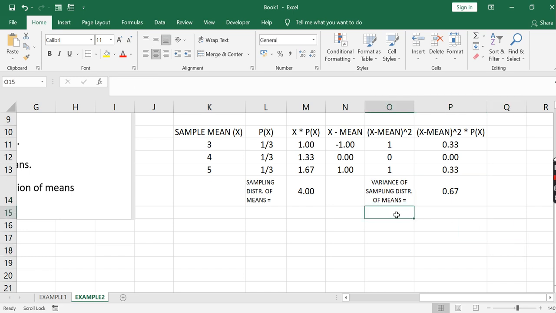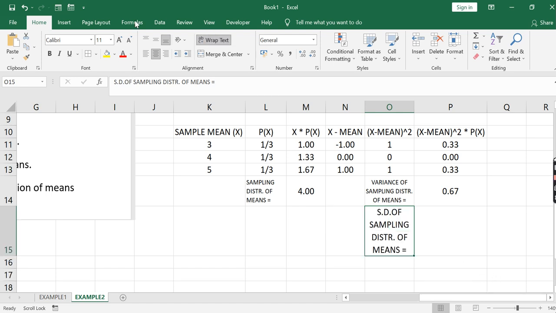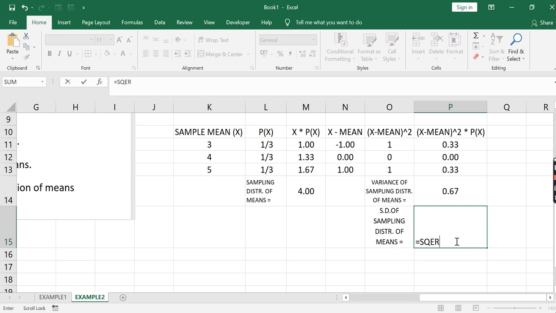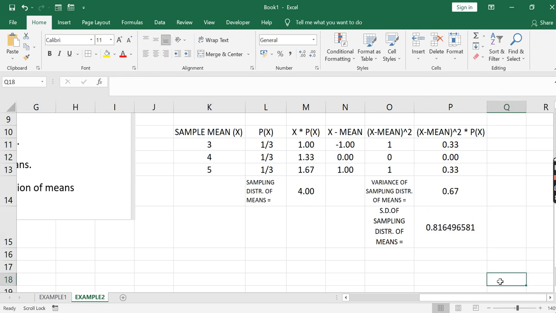Now to get the standard deviation, again, the standard deviation is just the square root of the variance. So to get the SD, all you have to do is get the square root of this. So that is our standard deviation.